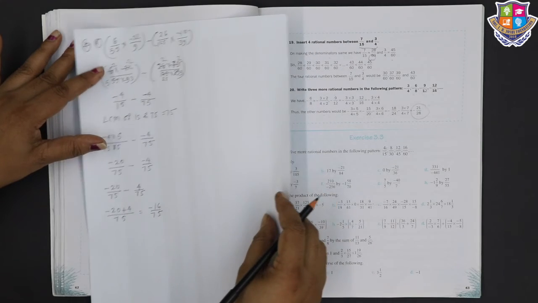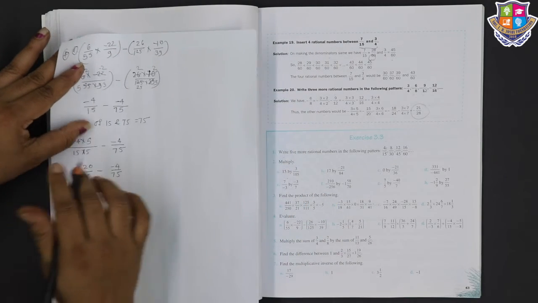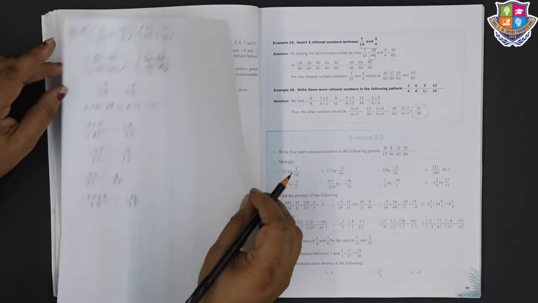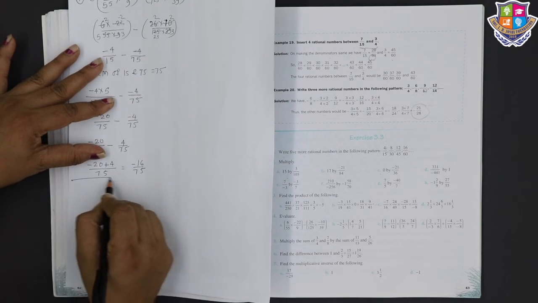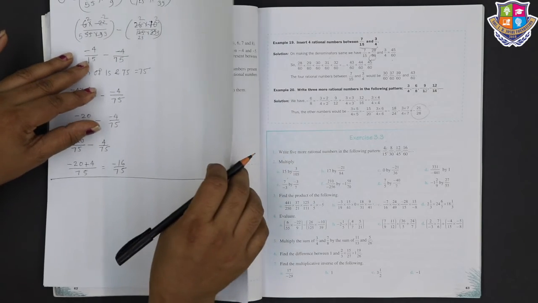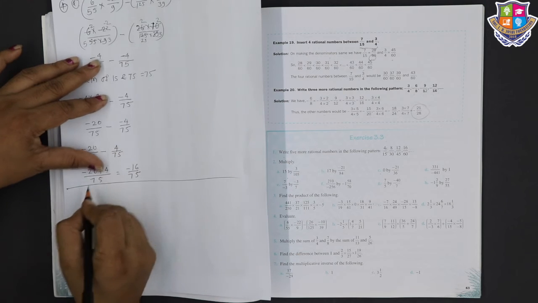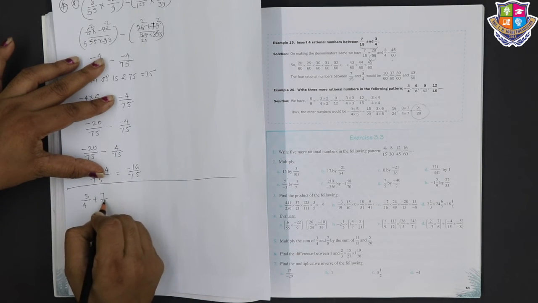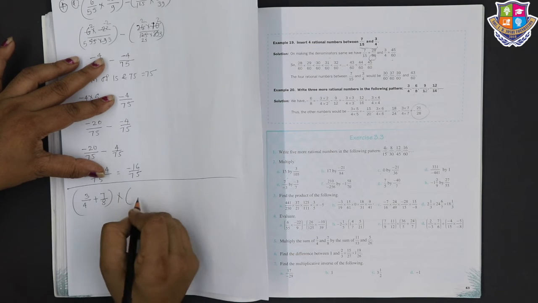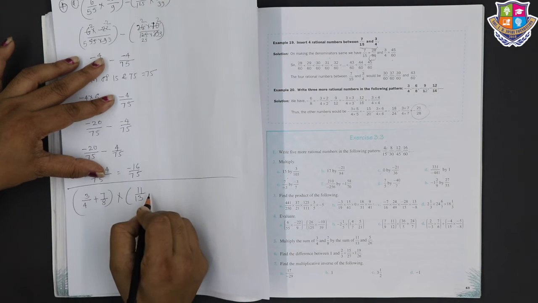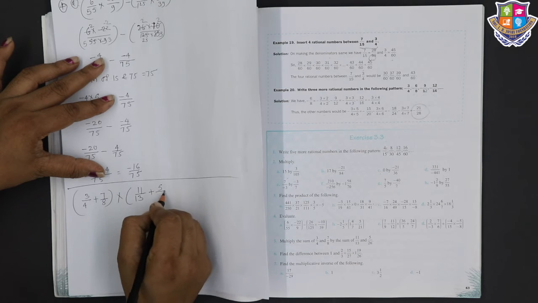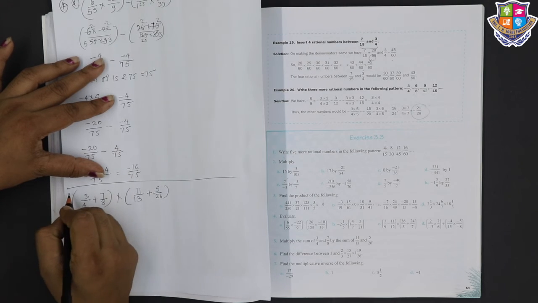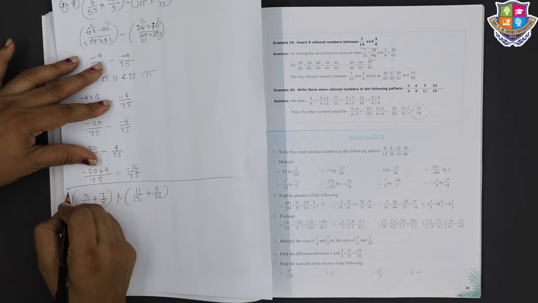Have you understood everyone how to solve the examples? Okay, now see the next one. What is the question? Multiply the sum of 3 upon 4 plus 7 upon 8 and 11 upon 13 plus 5 upon 26. You just have to write it as the fifth question.